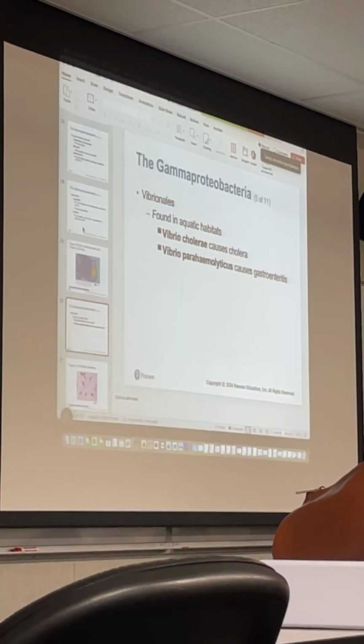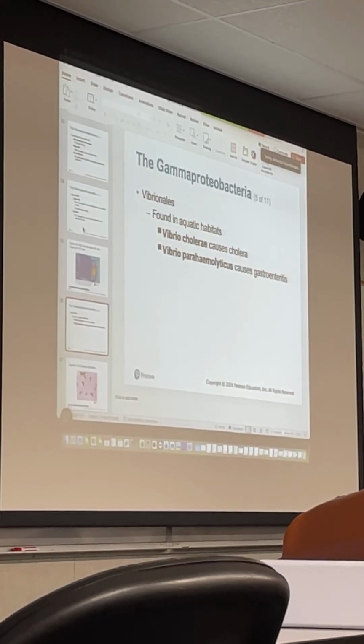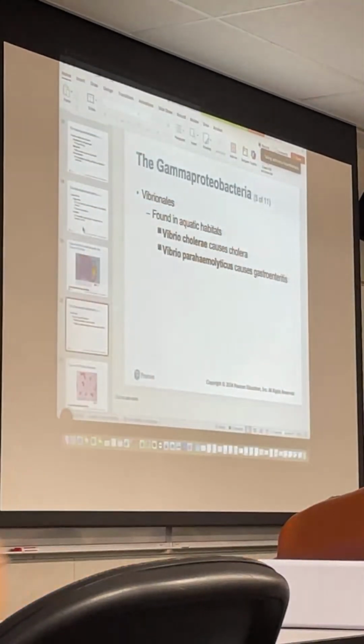You see this in underdeveloped countries typically. You also have Vibrio parahaemolyticus, which is going to be causing gastroenteritis, right? So you have these different types of Vibrio, and this one causes the gastroenteritis. There's something with this one that I really wanted to tell you, so I'm gonna go to my notes real quick and pull it up.